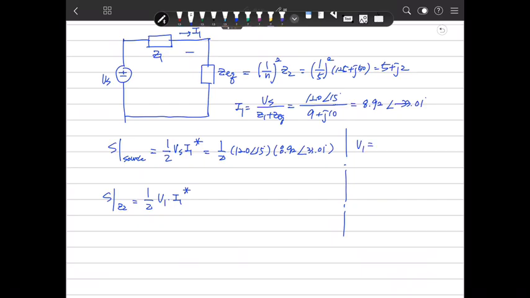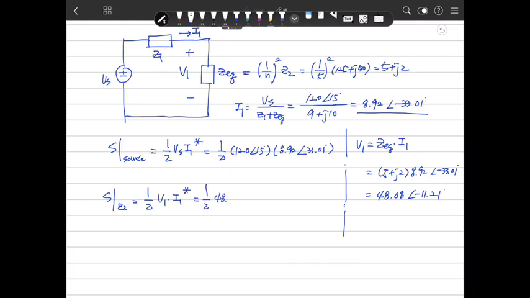What is V1? This is V1. Zeq times I1. Zeq is 5 plus j2, I1 is that, 8.92 at minus 31 degrees. So that value is 48.08 at minus 11.21 degrees.